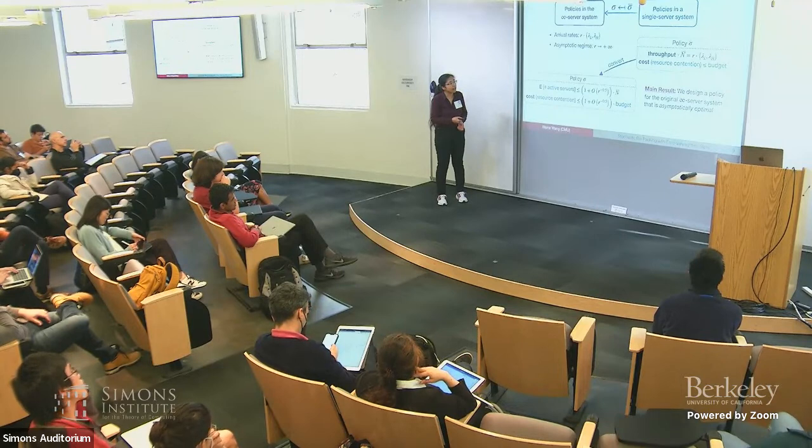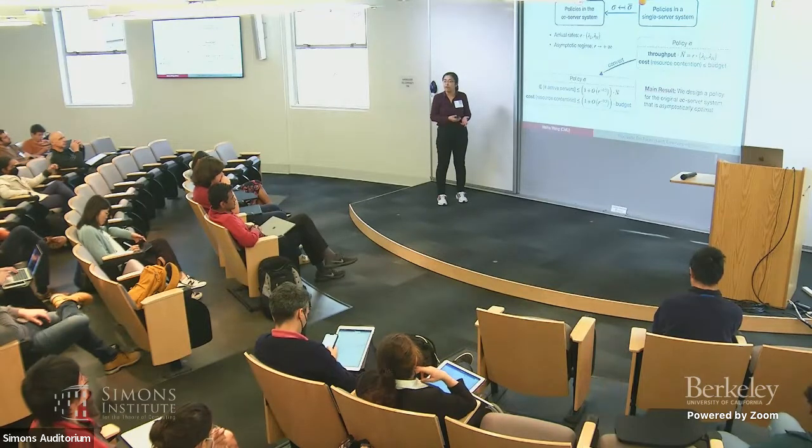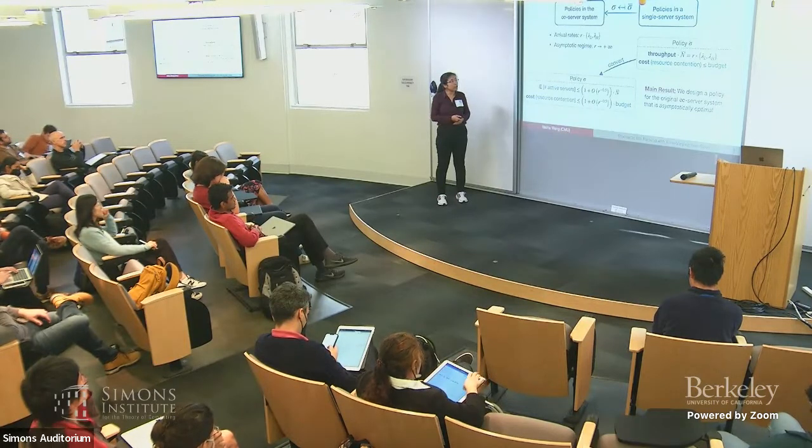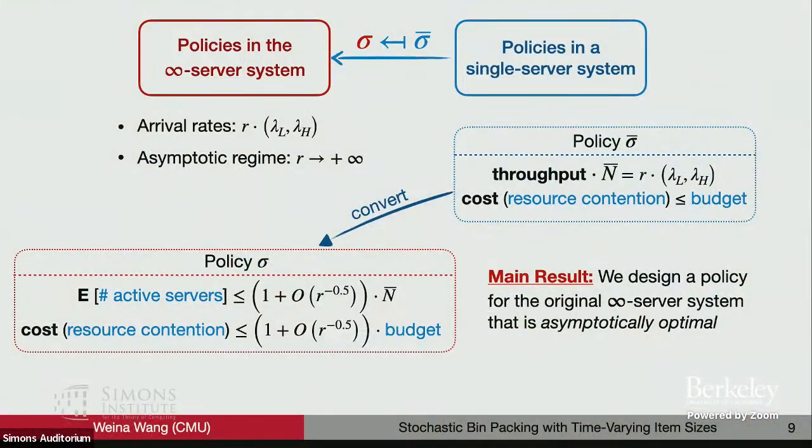If we align this vector with the original arrival rate, they will differ by a factor, and this factor is our n bar, determined by the policy. Or you can think of this as a constraint we work with. We want to come up with the policy sigma bar such that its throughput times a number is equal to this, and then we optimize over all the policies to minimize this number.